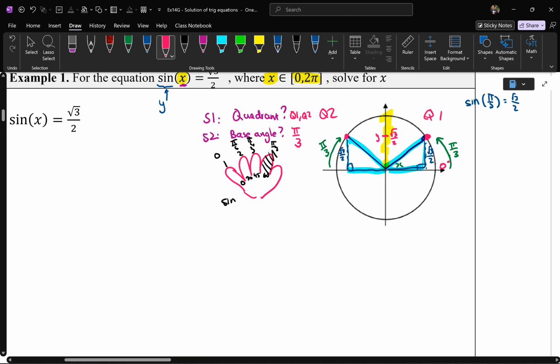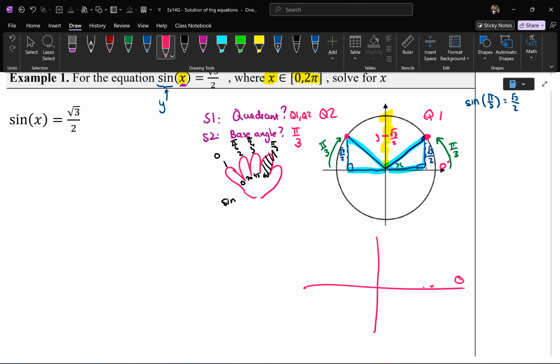When I rotated, so think about it. When I started from 0, I went up by pi on 3 and I hit my first solution. The angle is 60 degrees, and that's my first answer.